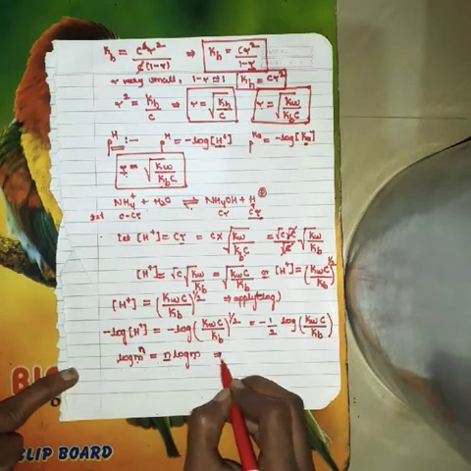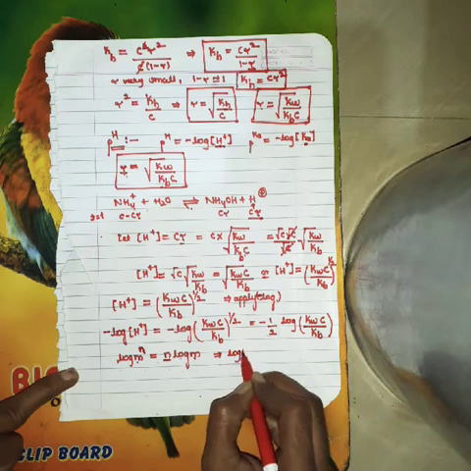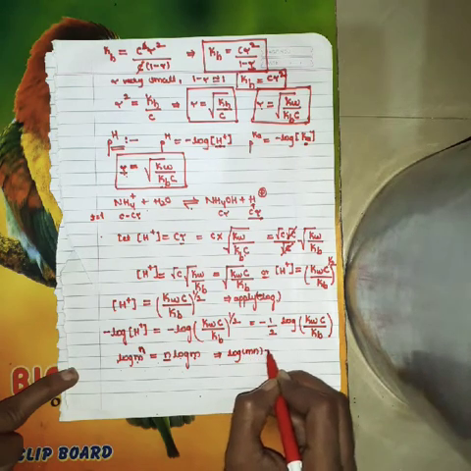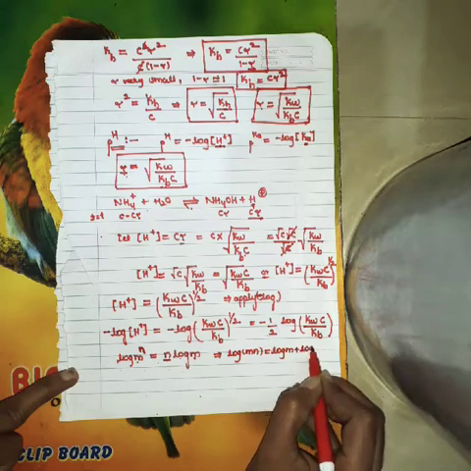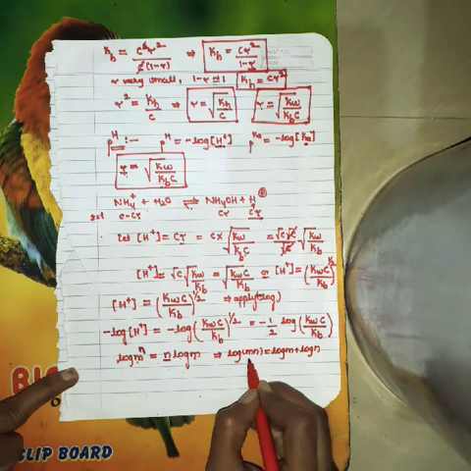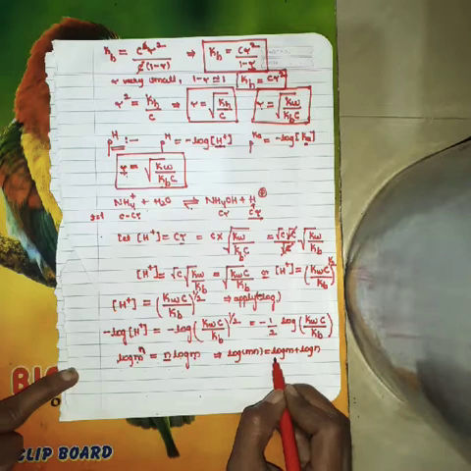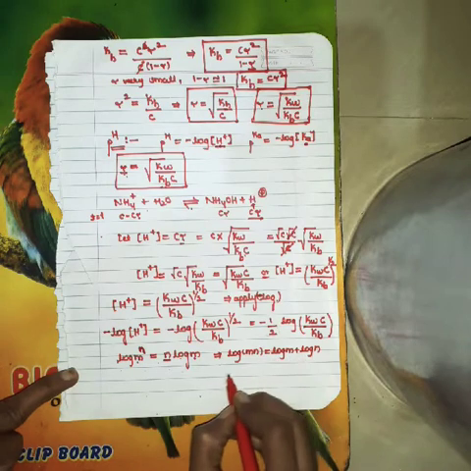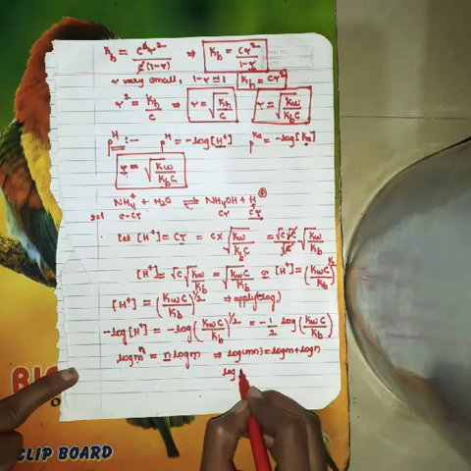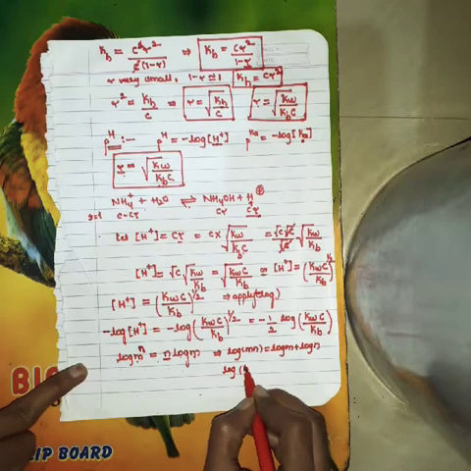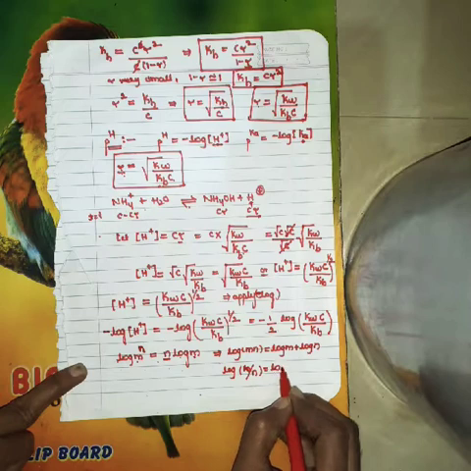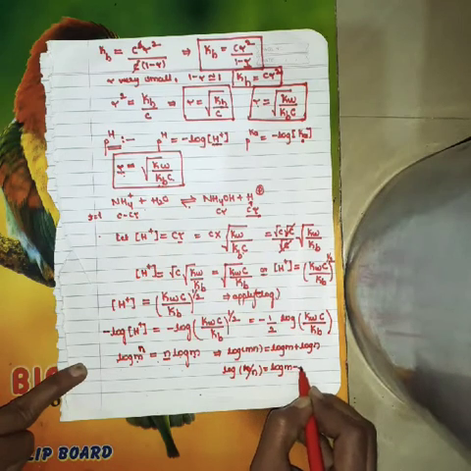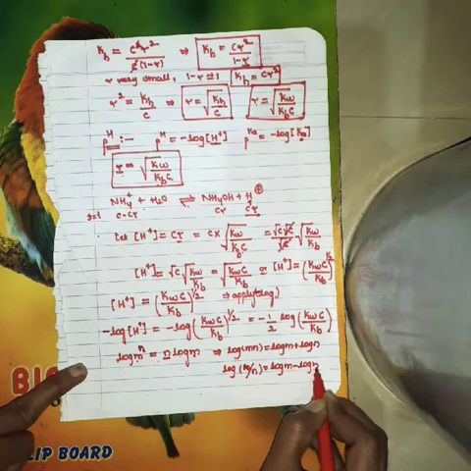But there is another property. Log of m into n is equal to log m plus log n. Another property: if log of m divided by n is there, it becomes log m minus log n.